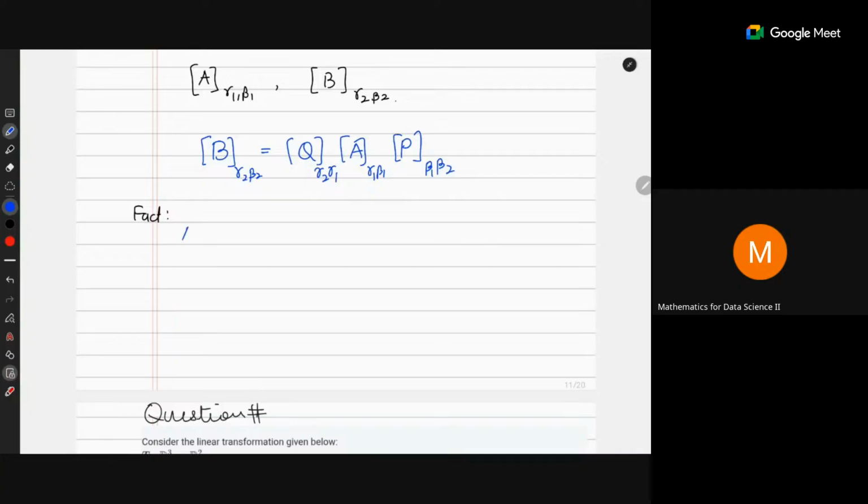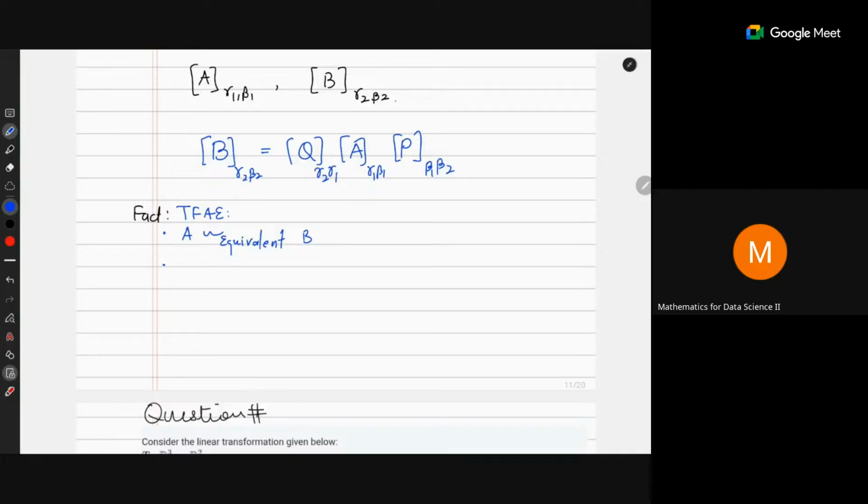So matrix A is equivalent to matrix B. The following statements are equivalent, that's what it means.